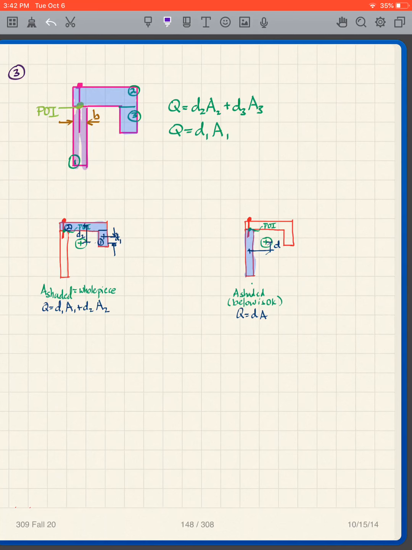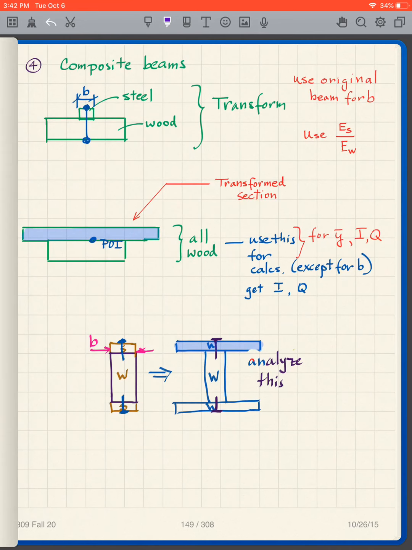Or I could take the area down here, which is a D1A1 term. Either way is acceptable. This illustrates the first case, and this illustrates the second case. That's basically how you handle that situation with this particular shape of beam.